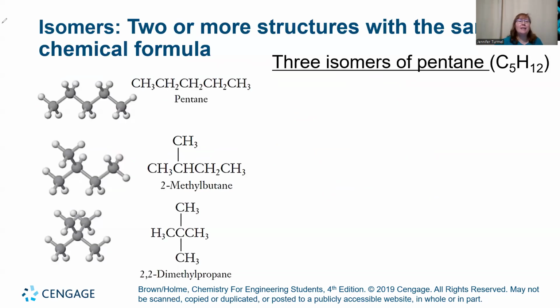Now let's take a look at isomers. First of all, this is slide 4. Isomers exist when two or more structures have the same chemical formula but a different shape. Let's take a look here at our pentane. We have CH3, CH2, CH2, CH2, CH3.